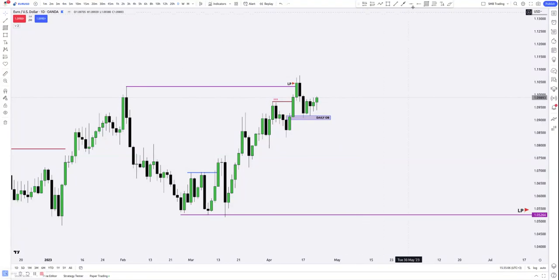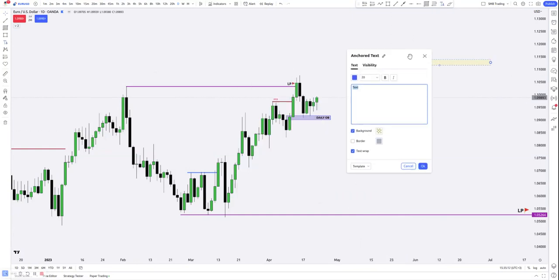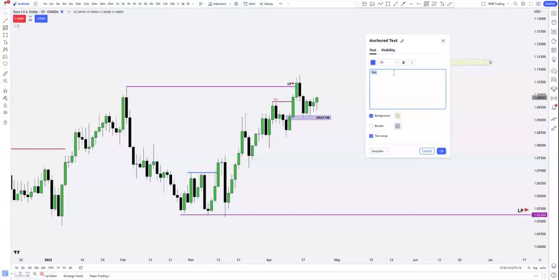Now for the overall bias, what do we look for? We look for higher time frame PDRA. That is the overall bias.